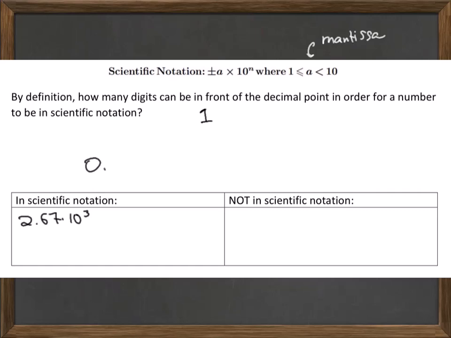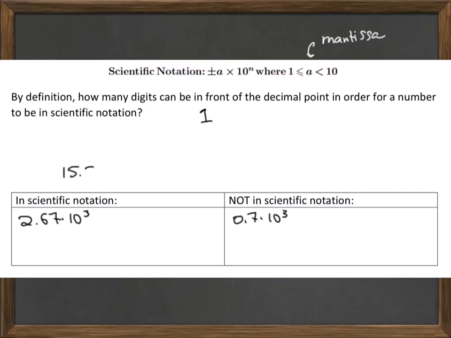What if I have 0.7 times 10 to the third power? Now we have a problem because we're violating this rule. Remember, our mantissa has to be at least 1. 0.7 is smaller than 1, so this is not in proper scientific notation. So on a test, quiz, or homework assignment, if you wrote that as your final answer, you would lose points because you have to do a little bit more work to get it into proper scientific notation.